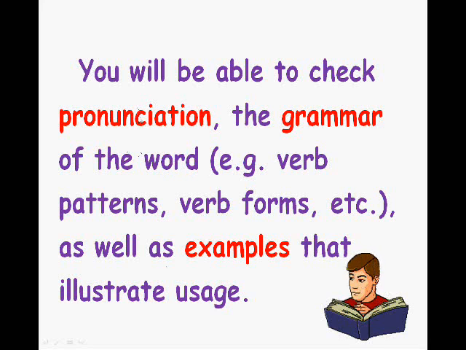So when you use an English dictionary like Oxford, you will check the pronunciation, how to say the word, also the grammar of the word, if it is a verb, adjective, noun, and so on, and its forms. Also, it will give you some examples to illustrate the usage.